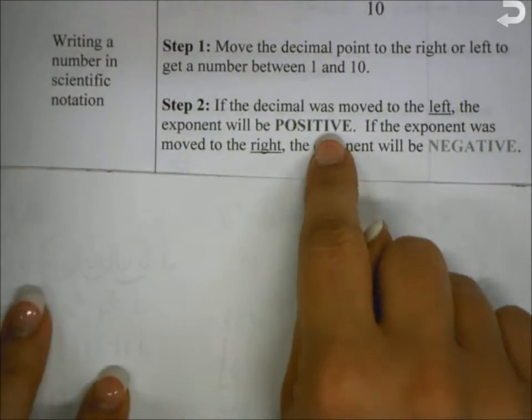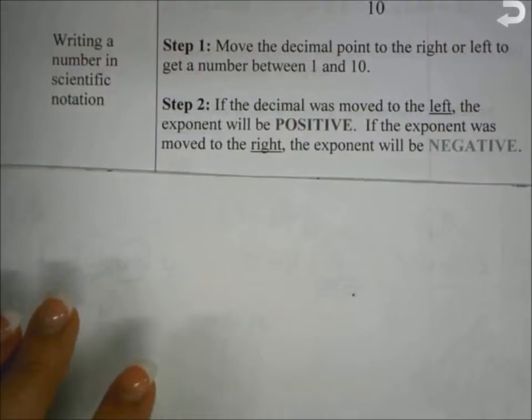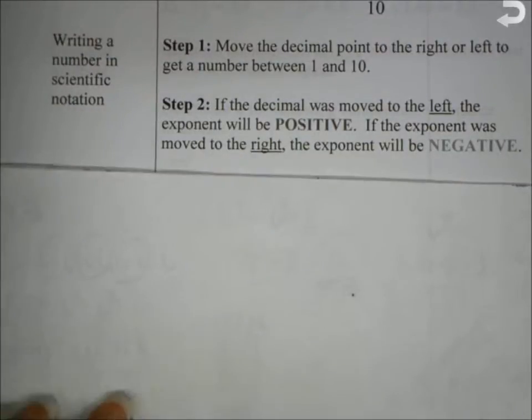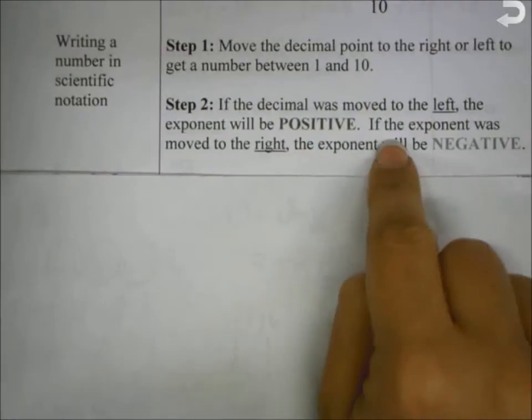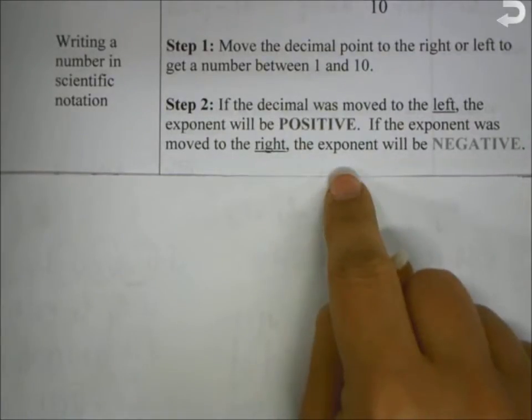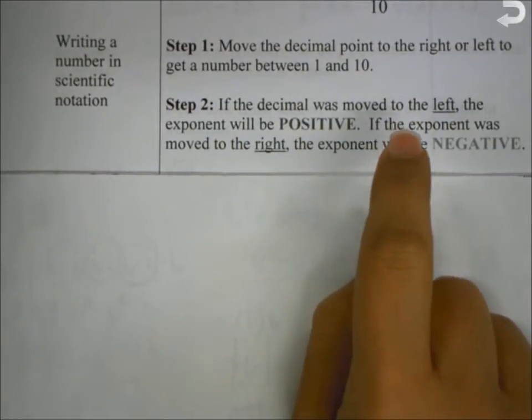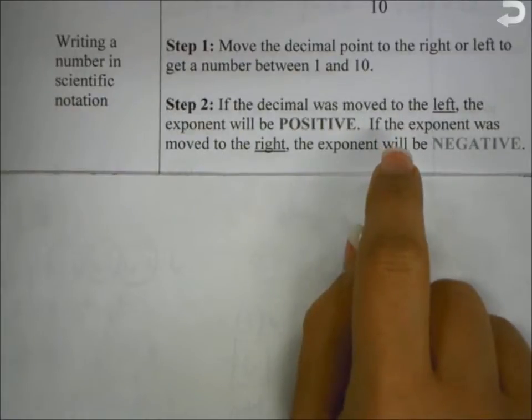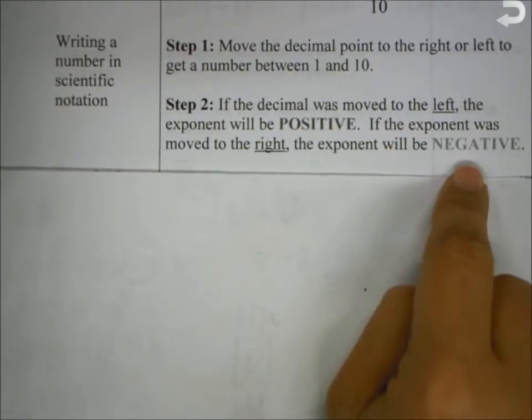If our decimal was moved to the left, our exponent is going to be positive because we're making that number smaller. If the decimal was moved to the right, it's actually a really small number, right? Because it's a decimal. So our exponent will be negative. Okay? So let's do example 1.